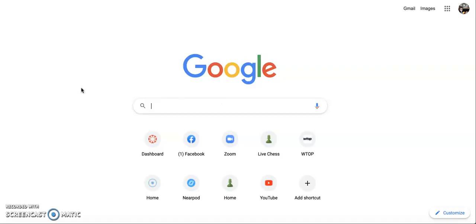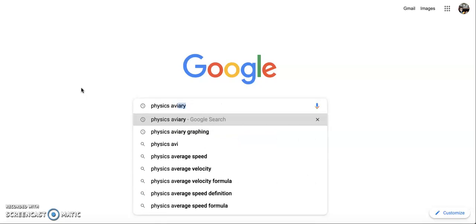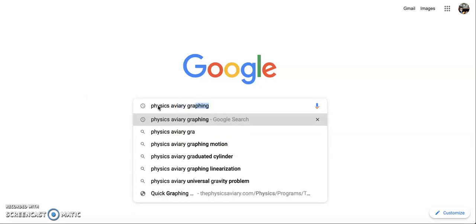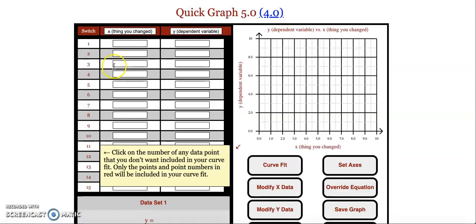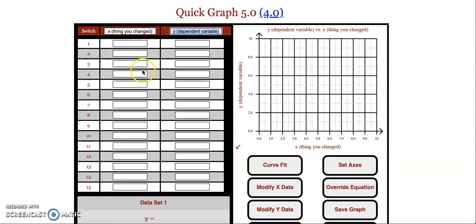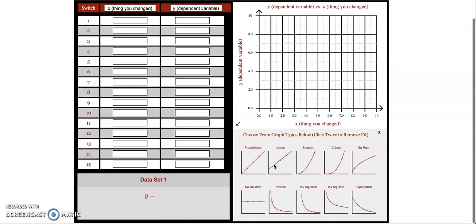You're literally going to Google physics aviary graphing tool. And this quick graphing program is the one you want to use, where you can then type in what's on your x-axis, what's on your y-axis, and plug in your 4 data points. The reason why I recommend this is because of the curve fit button.